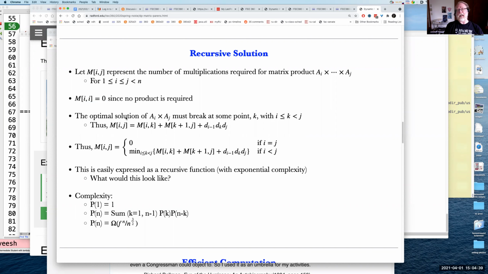And note that there is going to be an optimal answer. Again, I'll make i and j concrete. I want to multiply A3 all the way up through A8. The best way of doing it is going to be somewhere where, say, you take A3 to A6 and A7 to A8.